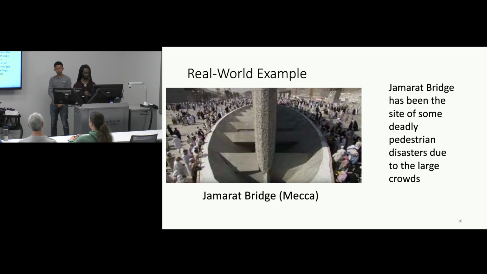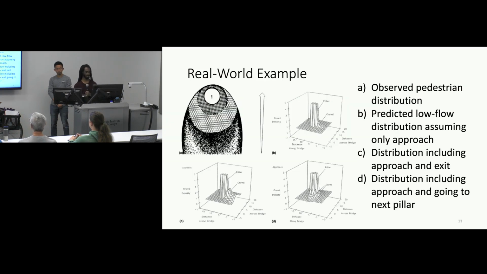for their pilgrimage? So these are some images from the paper. The first image is an aerial view of the densities near where the 1 is, which is where the column is. And then these are different predicted flow distributions.